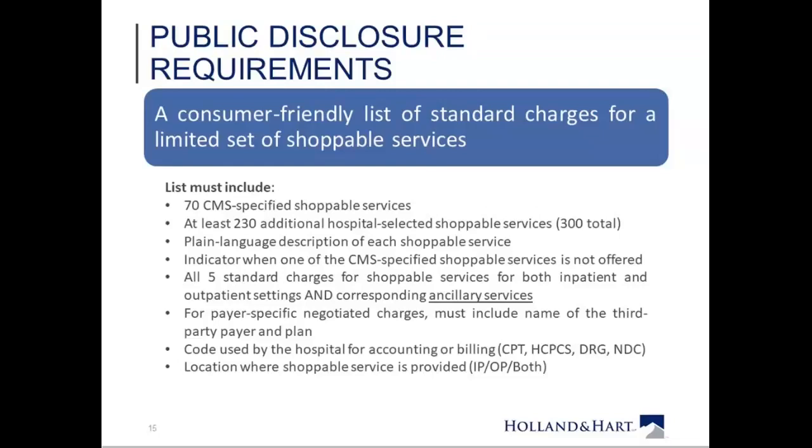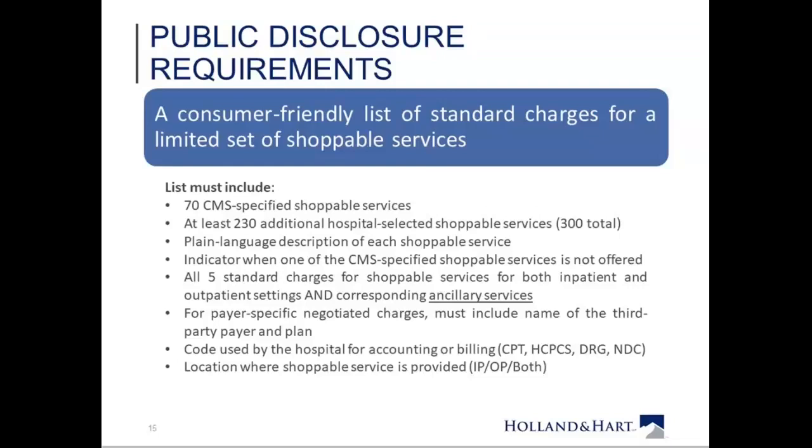If a hospital or facility does not provide one of those 70 CMS-specified services, then the hospital has to indicate that it's not provided. I can't just omit one of those 70 off the list; I have to leave it there and make a notation, not provided. Hospitals are also expected to include an additional 230 shoppable services that they can select.